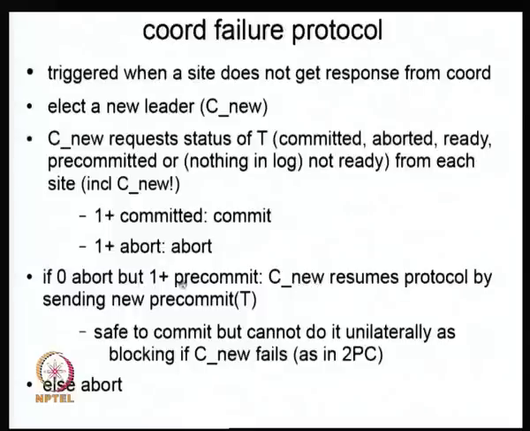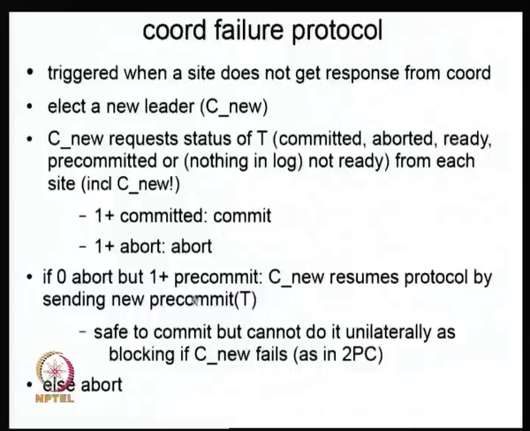So what happens is that you know that the previous coordinator was planning to move forward in terms of the transaction. That's what that one-plus pre-commit says. But before it could be done, there was a failure and the coordinator failed. Therefore, the right thing to do is to try to move forward, and the way you move forward is by sending a pre-commit just as the previous coordinator did when he had decided almost to proceed.